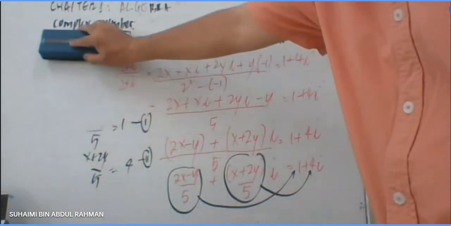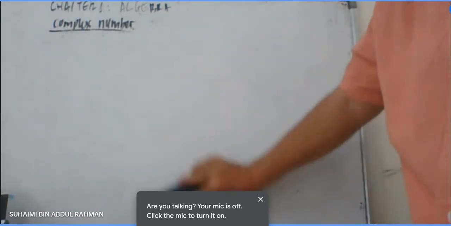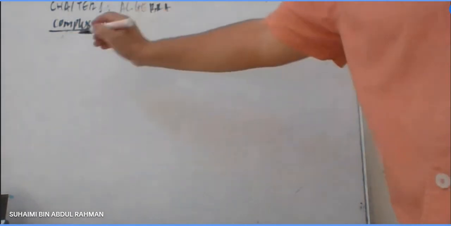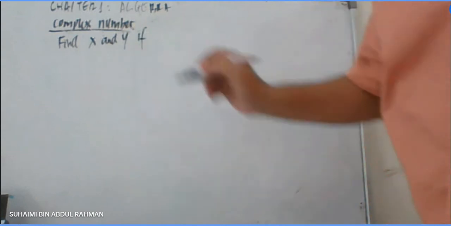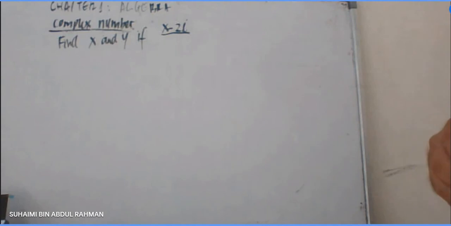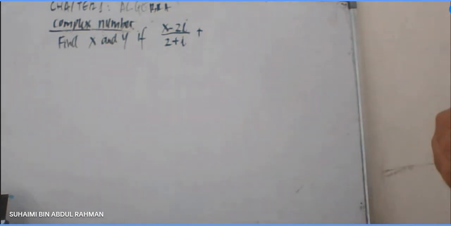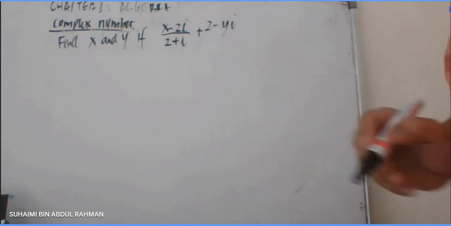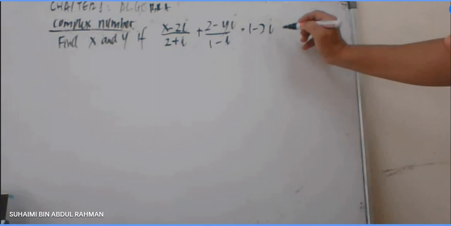Let's say the question is: find values of x and y if (x minus 2i) over (2 plus i) plus (2 minus yi) over (1 minus i) is equal to 1 minus 2i.